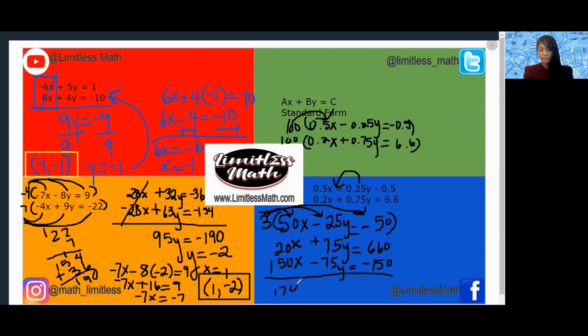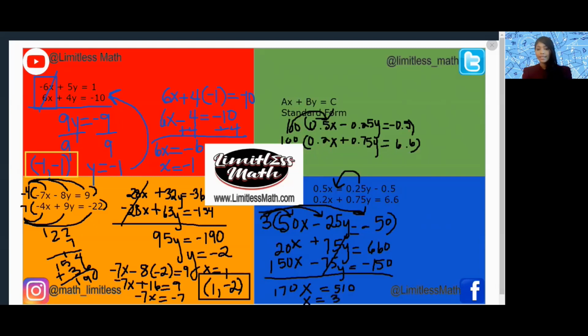We get 170x, the y's canceled, which was the purpose, and then 660 minus 150 gives us 510. Now we want to do 510 divided by 170, and that will give us 3. So x is 3.